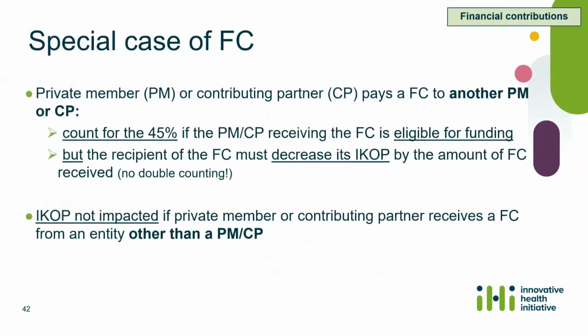But in that case, it's important that the one receiving the financial contribution decreases its ICOP by the amount of the financial contribution received. Otherwise, there would be a double counting. So that's key. But in case the private member or the contributing partner receives a financial contribution from another entity that is not a private member or contributing partner, then it would not impact its ICOP.